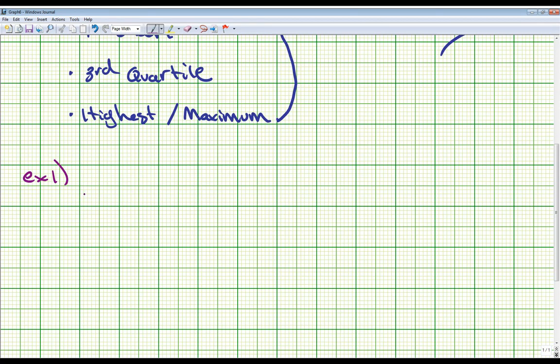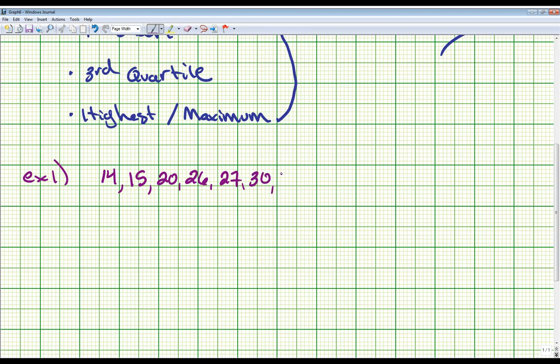So our ages are, and you know what? Let's go ahead and just rewrite these in order, so that way we don't have to do it twice. So I'm going to take them and put them in order for you. So let's start with a 14, then a 15, 20, 26, 27, 30.